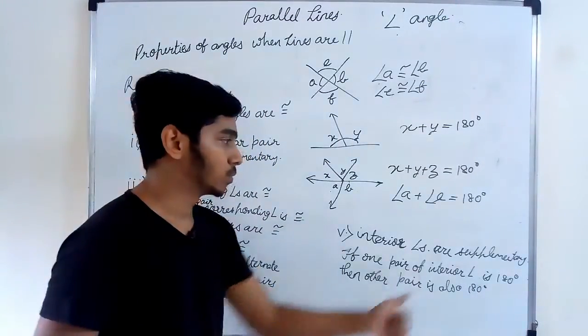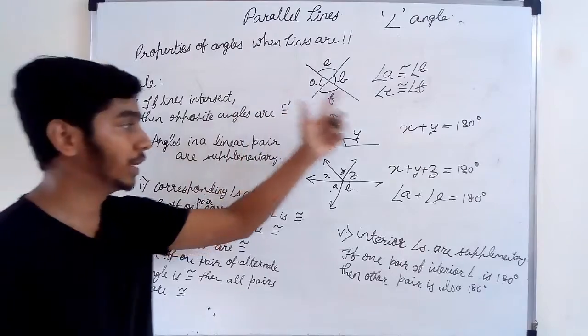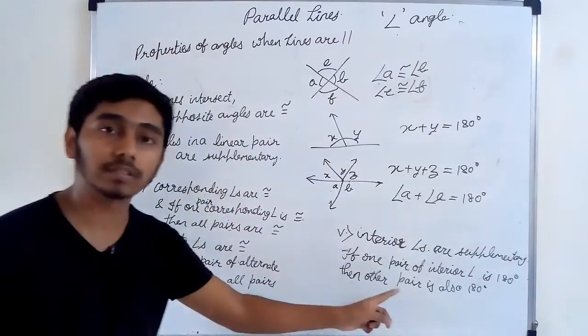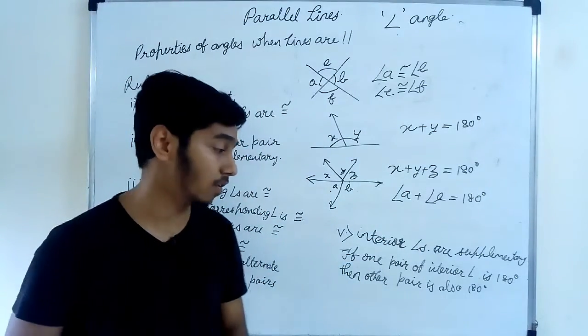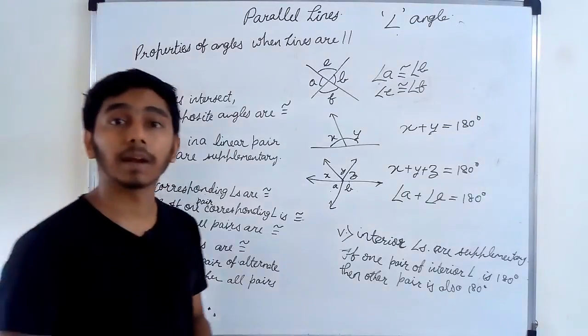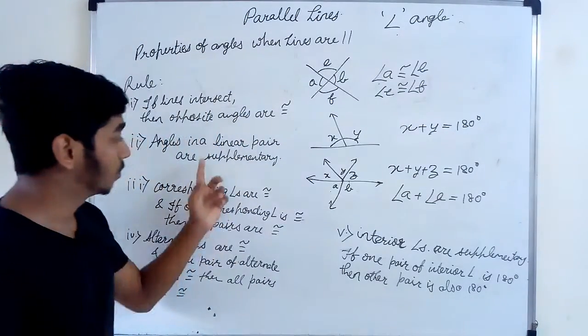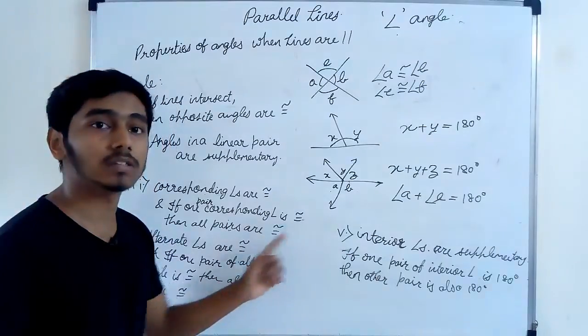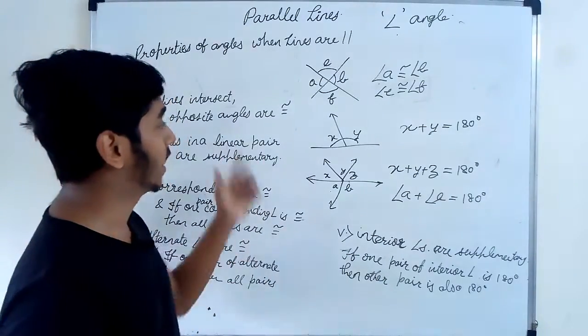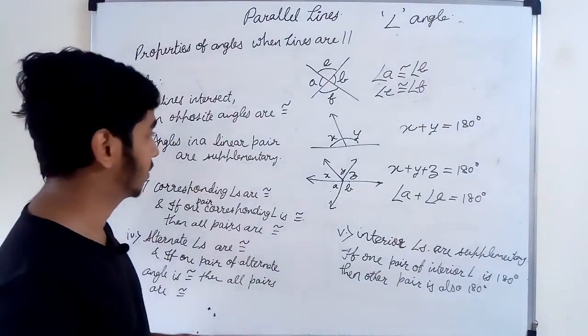Okay, so this is what it is. You need to remember these 5 rules in order to solve each and every sum of your exercise or the practice set. Now let's take questions based on these concepts and try to find solution for it.